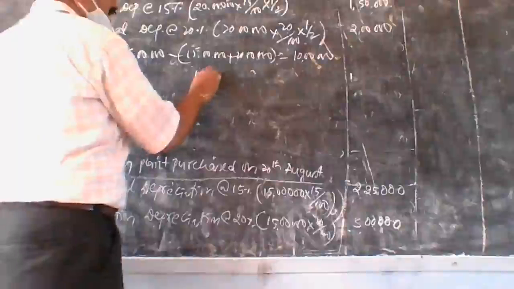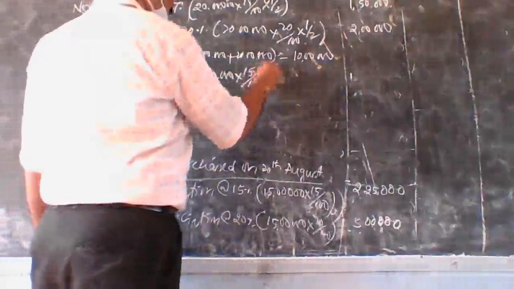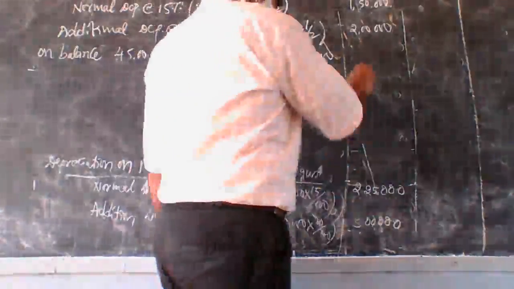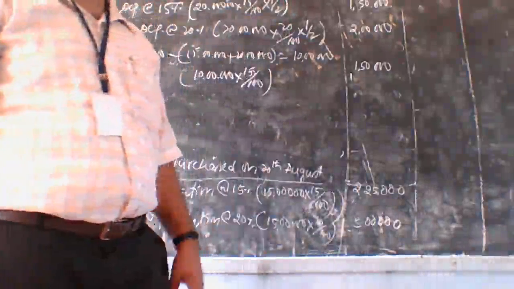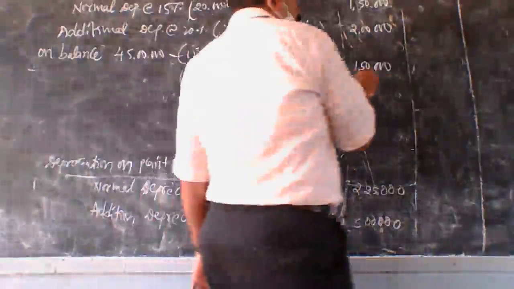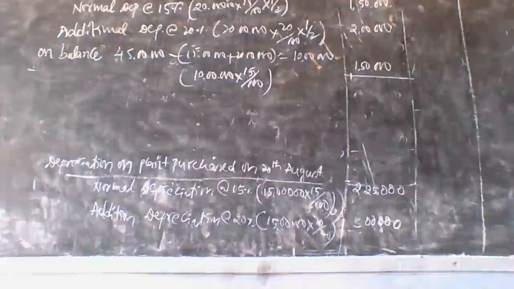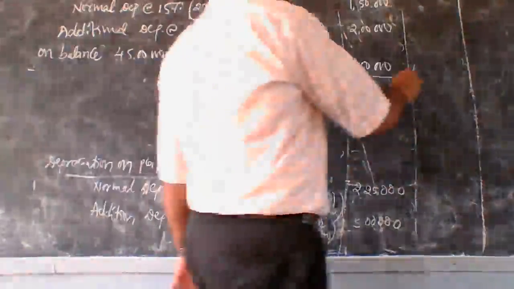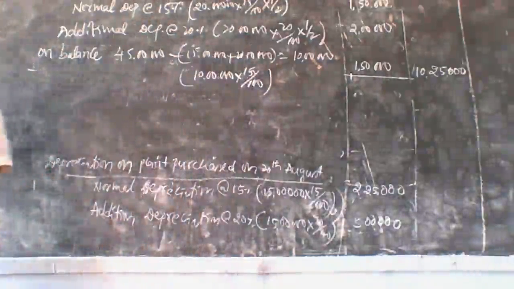So on 10 lakh, normal depreciation at 15%. How much? 1,50,000. So total depreciation on machinery, how much? 10 lakh 25,000.